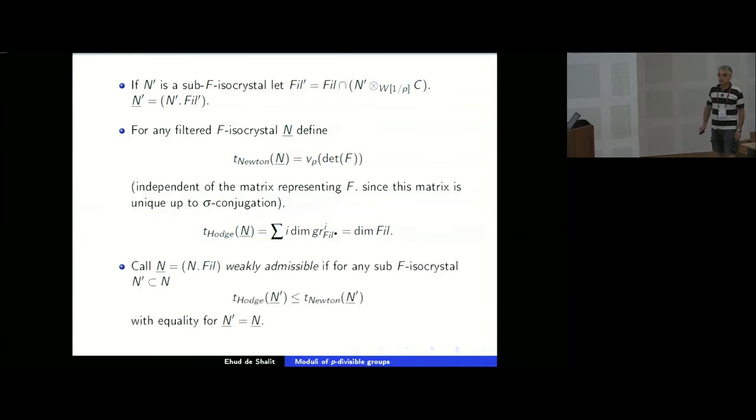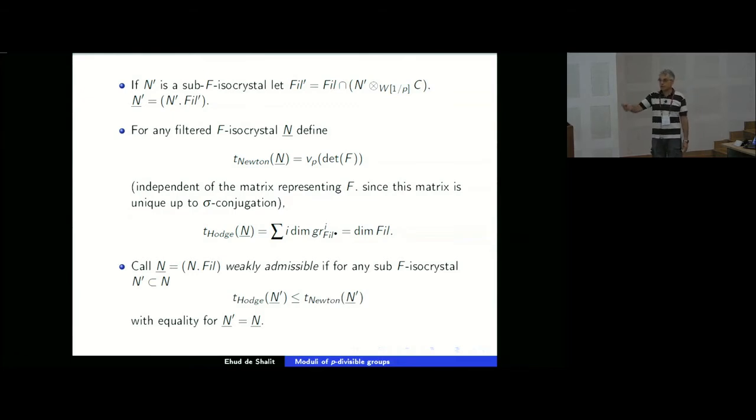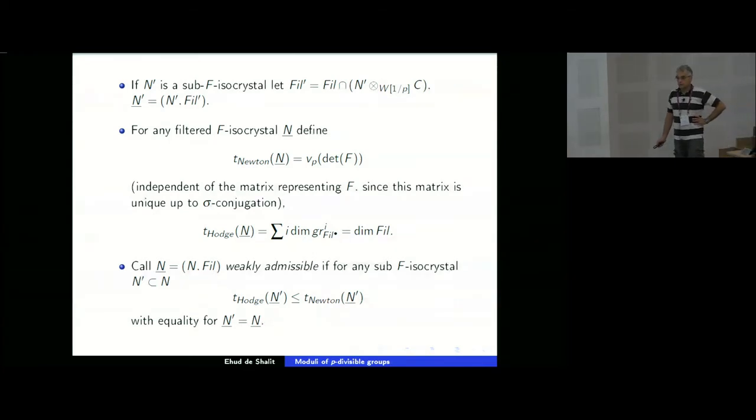And we call N weakly admissible if for any strict sub-object, so as I defined before, sub-F isocrystal endowed with a filtration induced by that of N, the endpoint of the Hodge polygon, T Hodge of N prime, is less than or equal to T Newton of N prime, with equality for N prime equal N. So this reflects some general principle of Hodge polygons lying below Newton polygons.